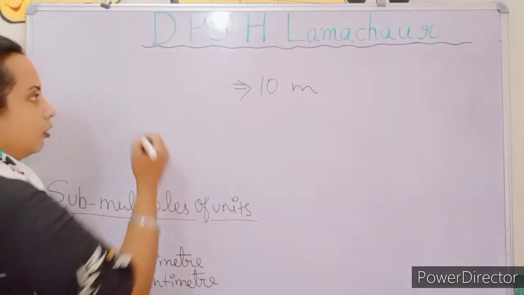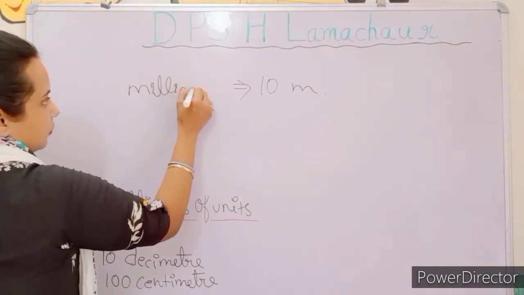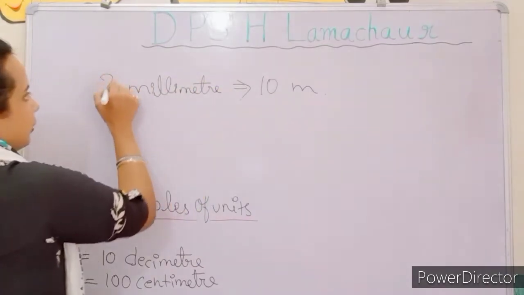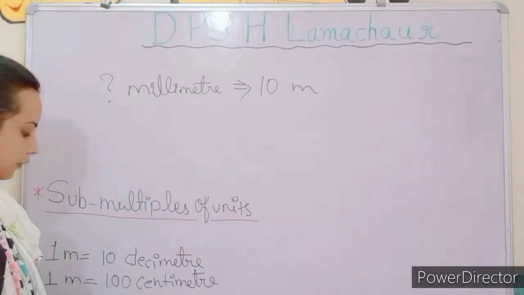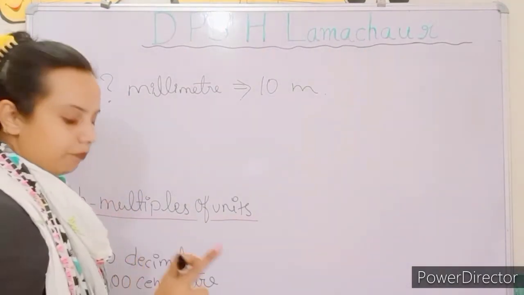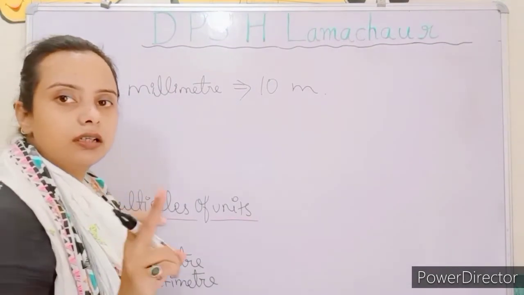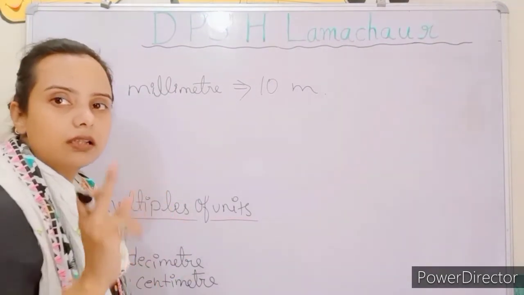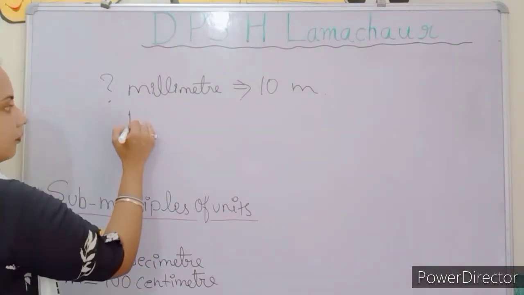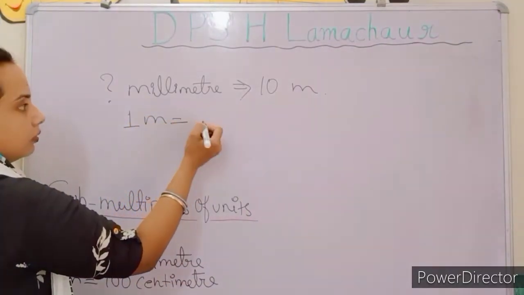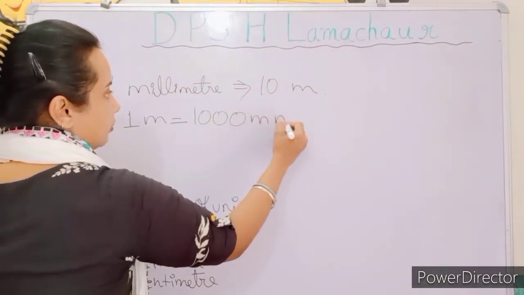Now the next one: if the question asks to find the millimeters, how many millimeters are there in 10 meters? We know that 1 meter equals 1000 millimeters.